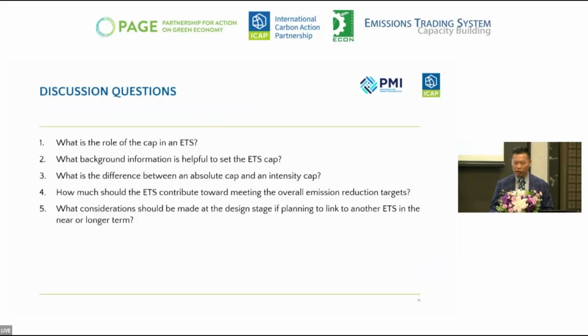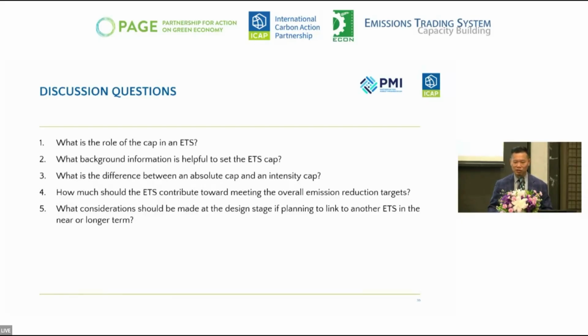Okay, so that's all I want to discuss today, and there are some questions we can discuss later during the breaks. What is the role of the cap in the ETS, or what is the role of the cap in Thailand's ETS, which also relates to other energy and low carbon policies? Is it the major flagship low carbon policy, or just a safeguard policy to maintain a basic level?